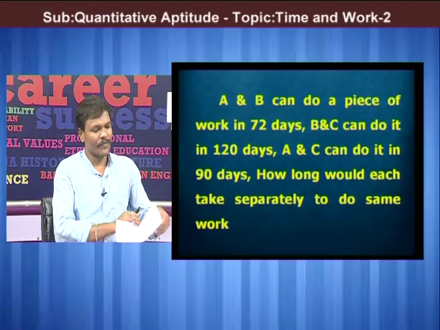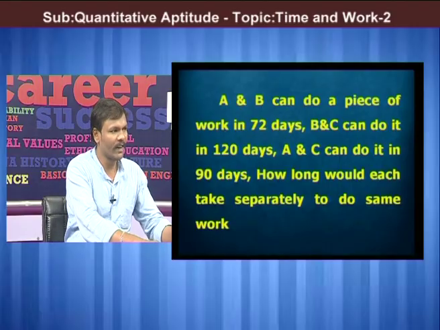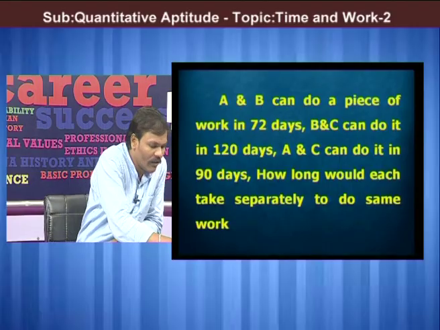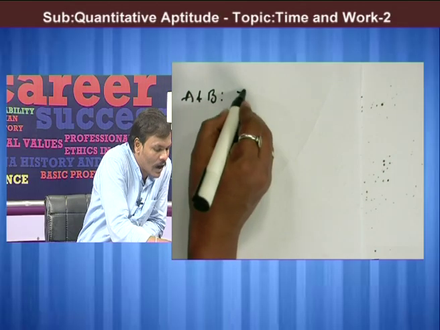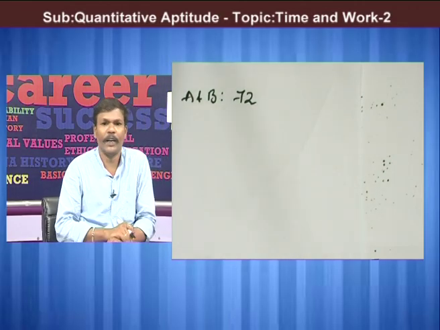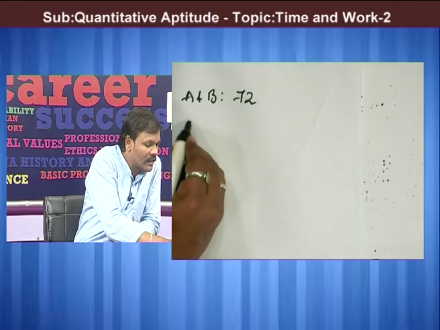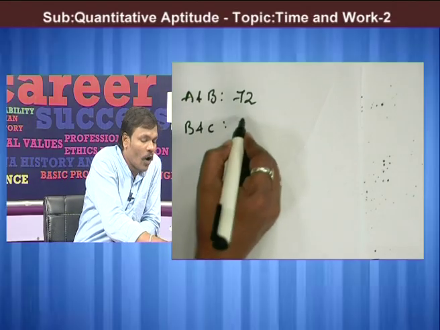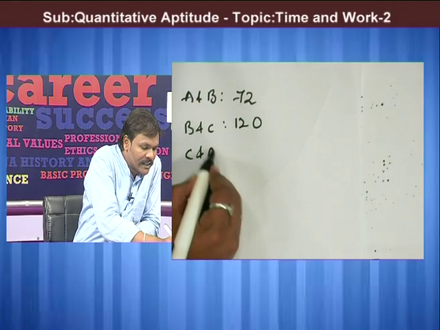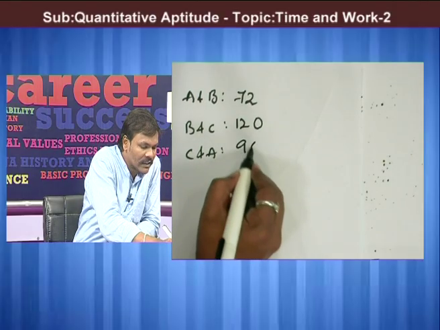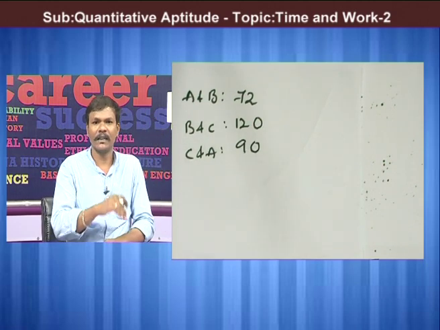First of all, what is the given information? We have the pair values. First is A and B, how many days? 72 days. Second one is B and C, how many days? 120 days. The third one, C and A, how many days? 90 days. Is it clear?